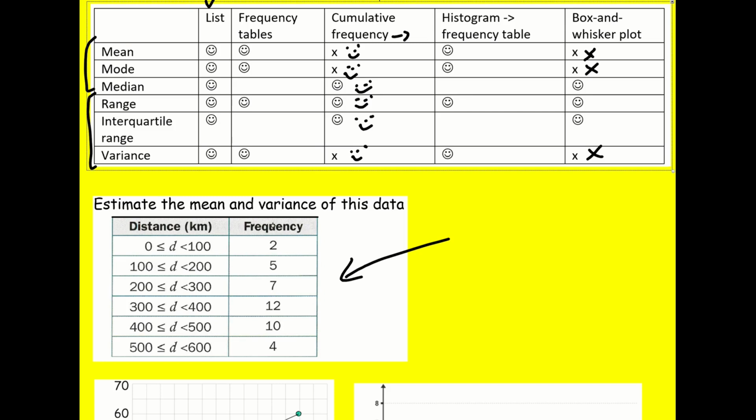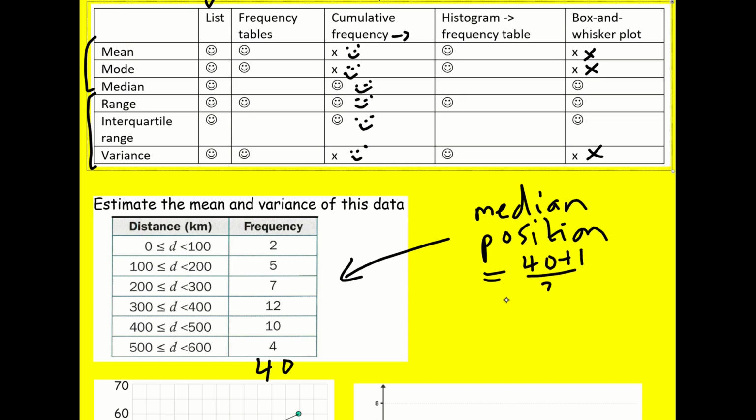You should have looked at what group the median would be in for this frequency table. Because if we add the frequencies up, 2 plus 5 plus 7 plus 12 plus 10 plus 4, we get 40. The median position is going to be 40 plus 1 over 2, which is 20.5.